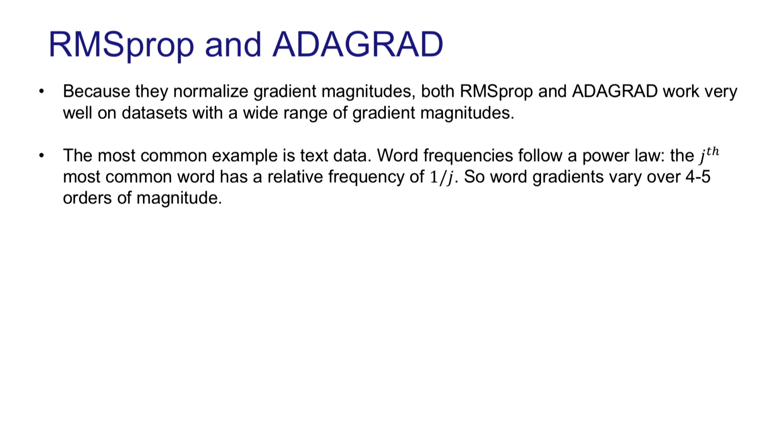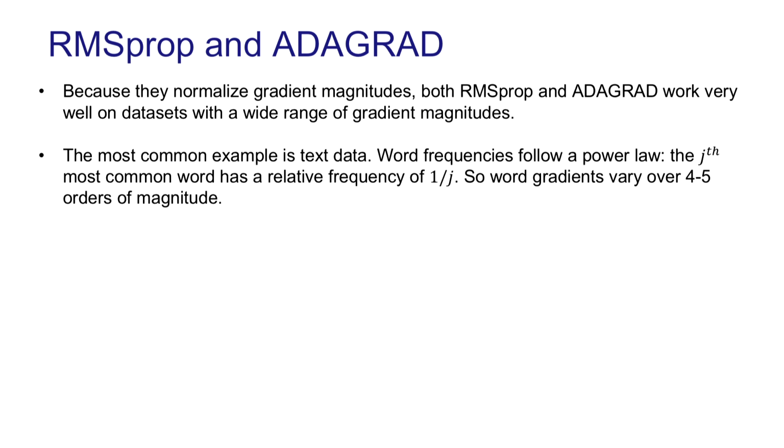It's not exactly 1 over j, it's proportional to 1 over j, and the constant is something like 1 over the log of 100,000. So anyway, because there are maybe 10 to 100,000 words in fairly common use, the frequency of those words varies by about 5 orders of magnitude.